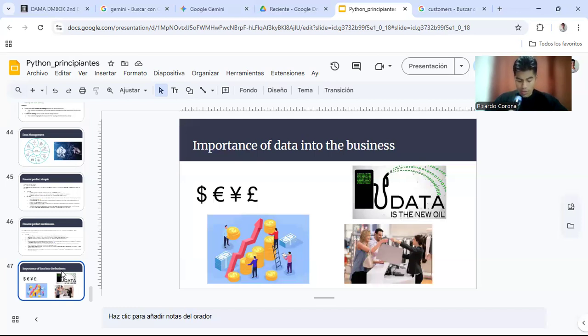Whether or not an organization gets value from its analytics, it cannot even transact business without data. This part is so important because many companies nowadays need data to make transactions, like a bank.